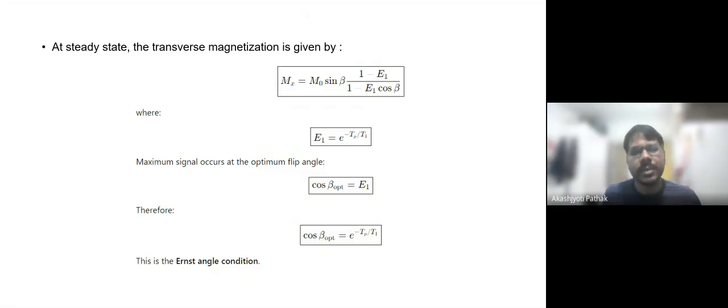Maximum signal will only be obtained when cos beta optimum is equal to E1, where E1 is e to the power minus TP by T1. You can put this value in. The beta optimal angle that you obtain from this equation is called the Ernst angle condition. At this particular angle, you will have the maximum signal.